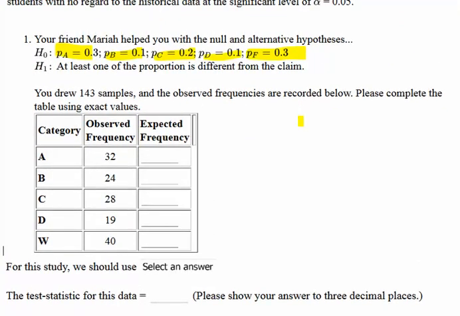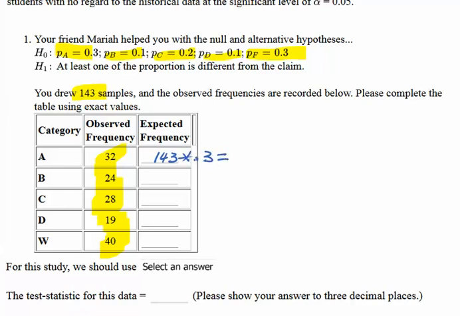So in this case, we drew 143 samples, and this is what we observe. And what we expect is to have 30% of the data in the first category.